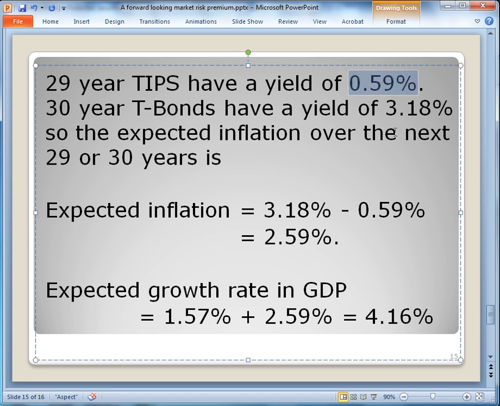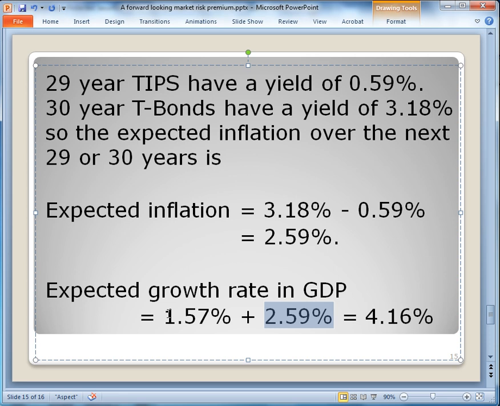I just rounded. So 3.18% minus the TIPS yield, 0.59%, gives us a measure of expected inflation over the next 30 years, a market-determined measure of 2.59%. So we have inflation of 2.59%.